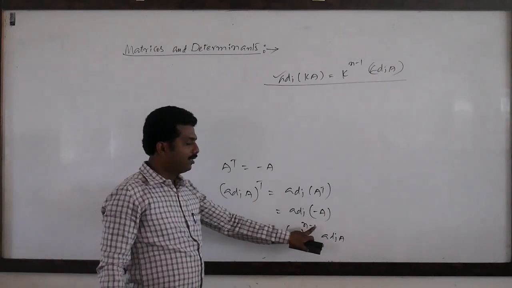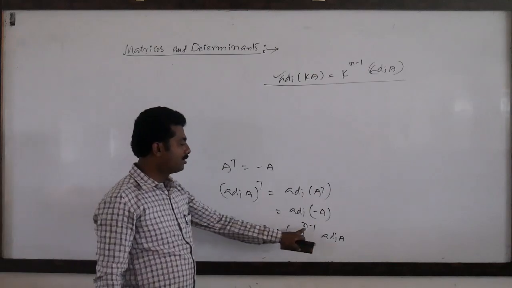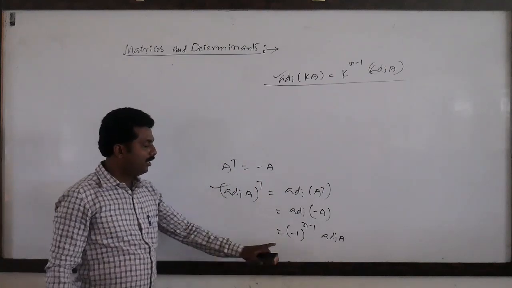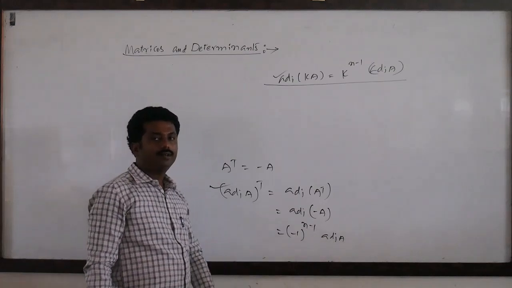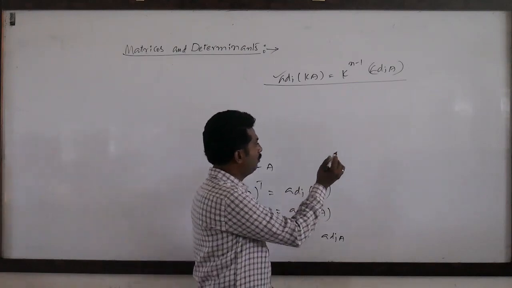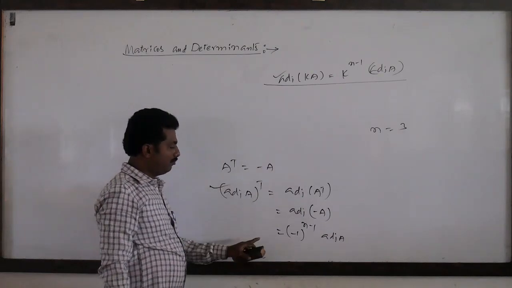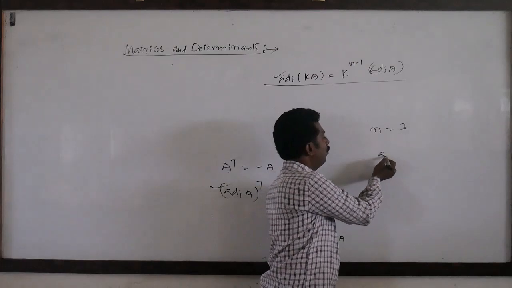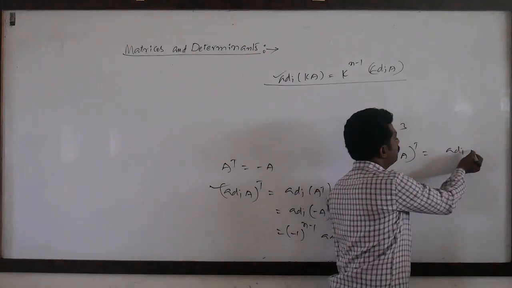So this depends on n value. N is even means minus adjoint of A. N is odd means adjoint of A. So it depends on n only. For n even, skew symmetric matrix; for n odd, symmetric matrix. So you remember like that. Suppose n equals 3, means order of the matrix is odd. Minus 1 whole square, this is adjoint of A. So adjoint of A whole transpose equals adjoint of A will come.